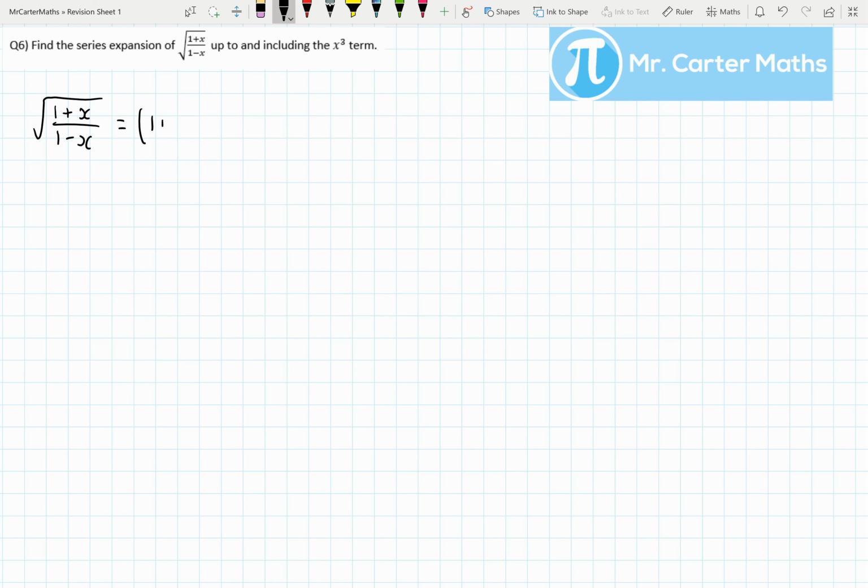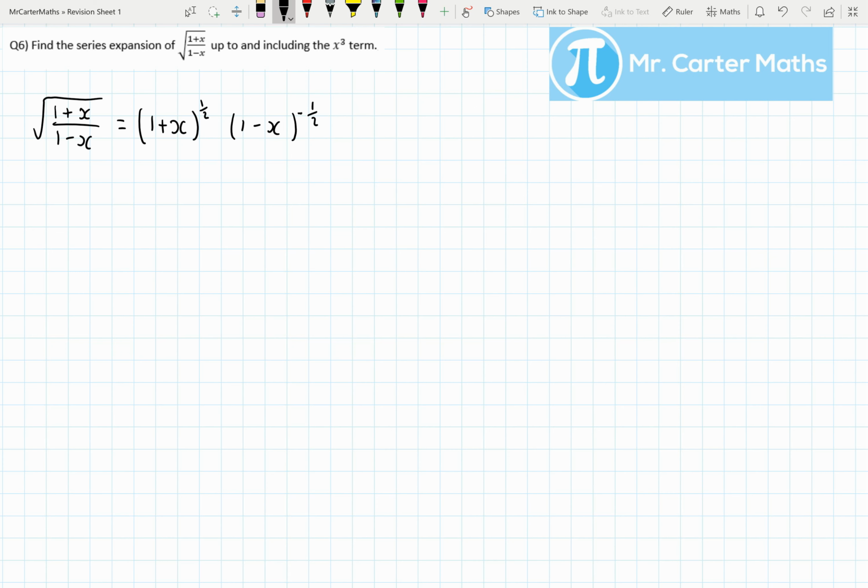I'm going to think of this as 1 plus x to the half, which is the root of my numerator, and 1 minus x to the half as my denominator, but I need to recognize that's been reciprocated to bring my denominator up here, so that's minus a half.